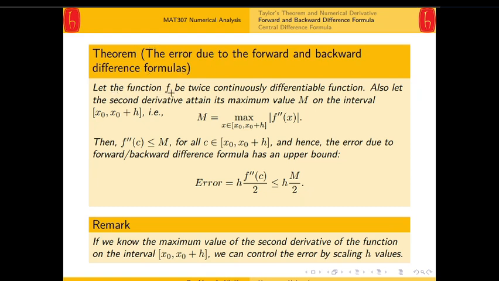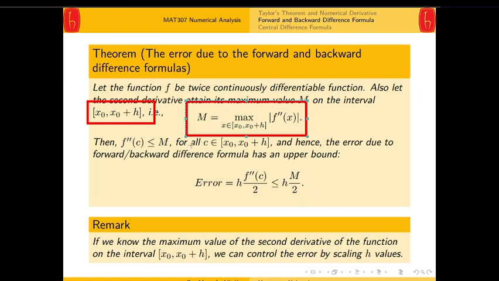If we let the function f be a twice continuously differentiable function, and also let the second derivative attain its maximum value M on the interval x naught to x naught plus h, then the maximum value of the second derivative within this interval is equal to M. Then the second derivative at c is less than or equal to M, because M is the maximum value and c is in this interval.